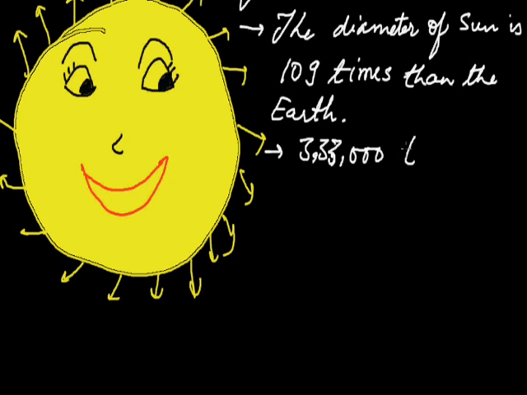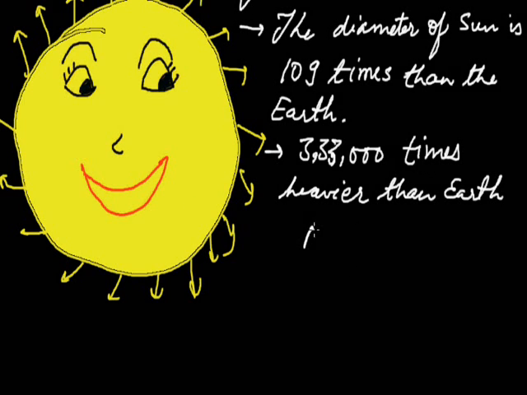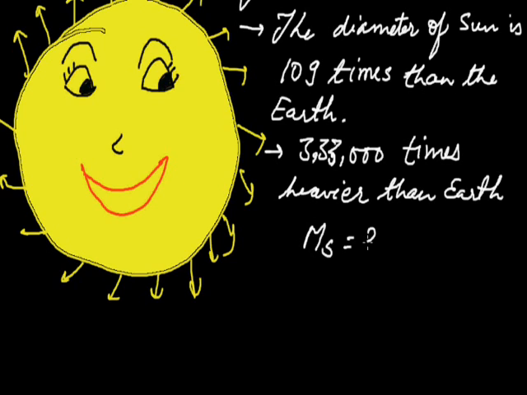It is 3,33,000 times heavier than Earth, which means if you consider the mass of the Sun, then it is 3,33,000 times the mass of Earth.